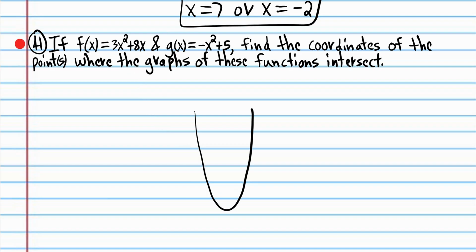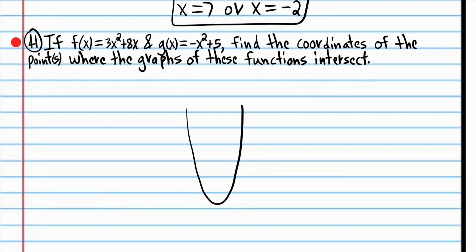And then you're going to have the graph of negative x squared plus 5, which might look like this. You'll have 2 points where they're going to intersect. I don't know if that's exactly what the graphs would look like. They're definitely going to be parabolas, but there's going to be 2 points of intersection.